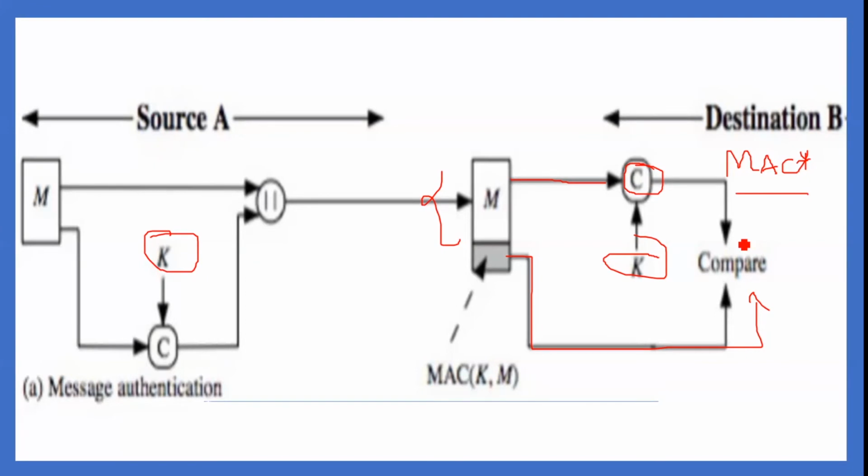If the two match, then the receiver, that is the destination, can successfully authenticate that ये मैसेज मेरे को सोर्स ए से ही आया है.